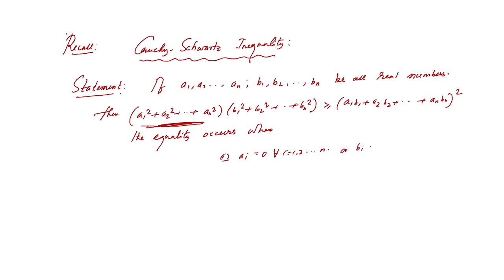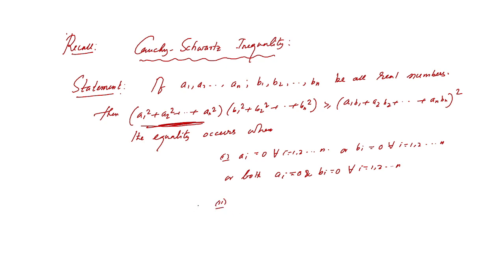Or we can say the equality occurs if b_i equals 0 for i equals 1 to n; just put the value of a_i b_i and you can see the equality. Or both a_i equals 0 and b_i equals 0 for all i equals 1 up to n. This is one case where the equality occurs.